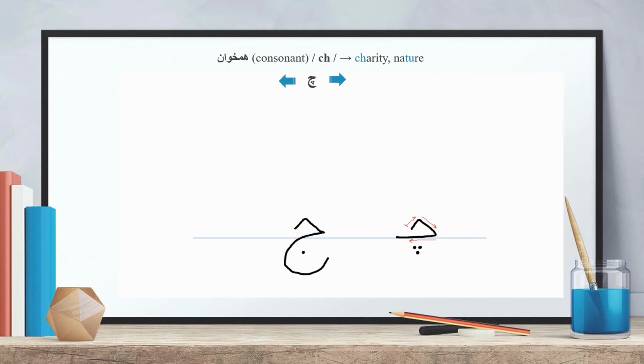And again this time with 3 dots in it. Once more I show you with red. From here, upward, to the right, and then we make a circle here. Pay attention, che, exactly like j, can be connected to other letters from right and left.